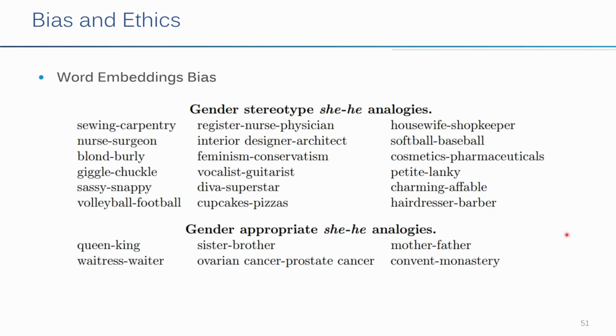And then of course they tried to provide some gender appropriate she and he analogies to substitute analogies that at that time people judged completely biased and not well thought out.